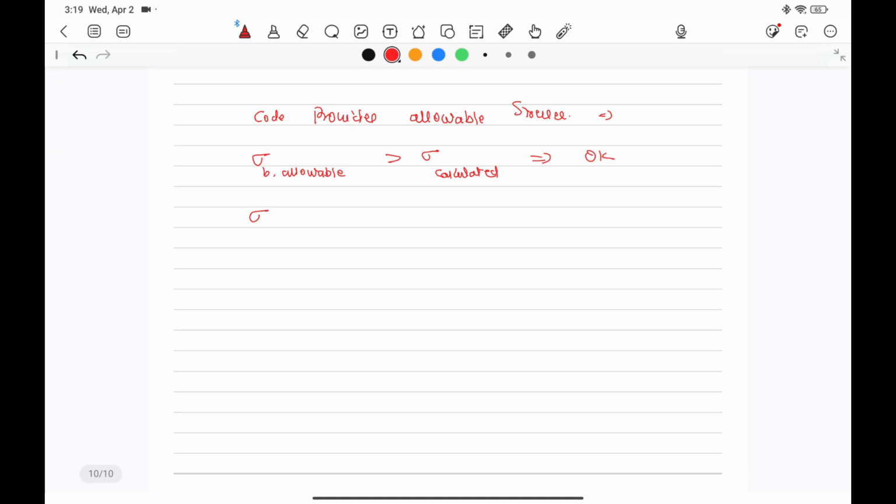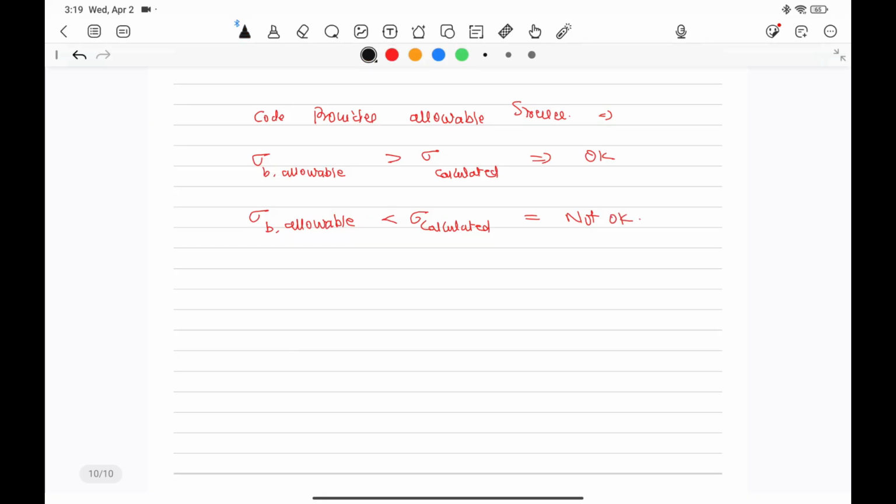I am talking only about bending, I have not taken even shear now. If sigma allowable is less than sigma calculated, this is not okay. Please try to understand this.